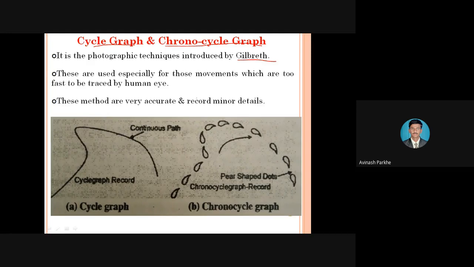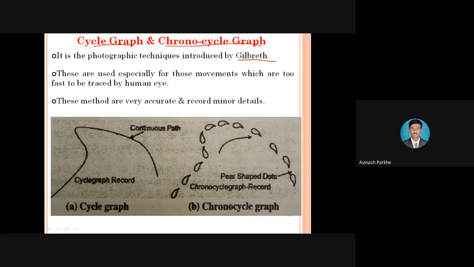This particular method is especially used for movements which are too fast. For example, if I am moving my hand from left to right within a fraction of a second, such a fast movement can be recorded by using the cycle graph and the chronocycle graph.